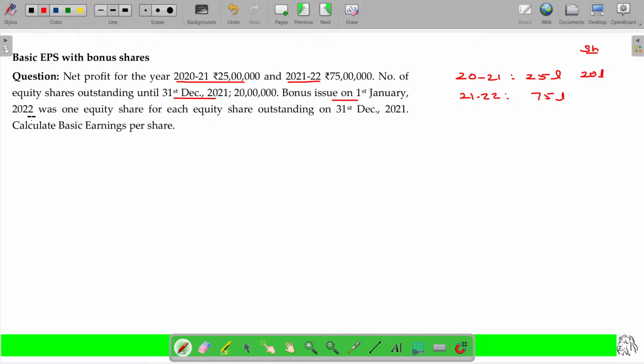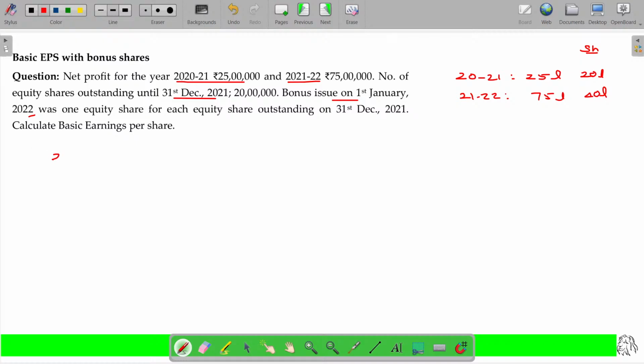Bonus issue on 1st January 2022 was 1 equity share for each equity share outstanding on 31st December 2021. Okay. So then you will have 40 lakhs here with the bonus shares. Calculate the basic earnings per share as well as diluted earnings per share.